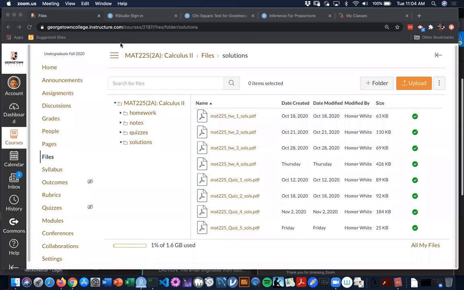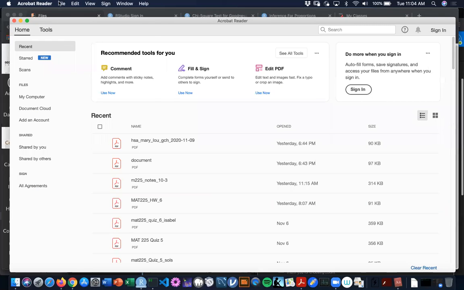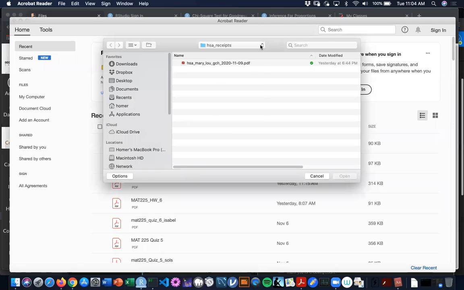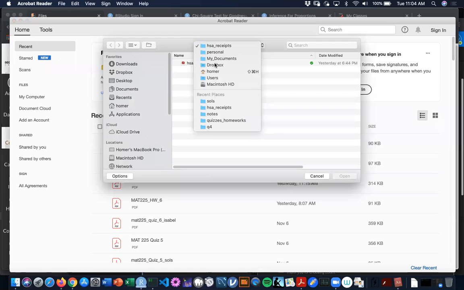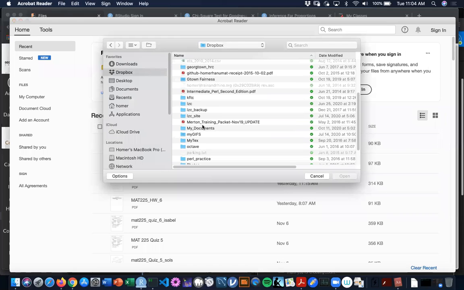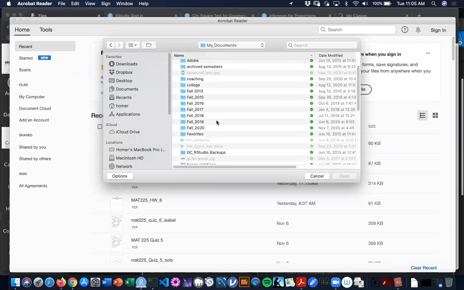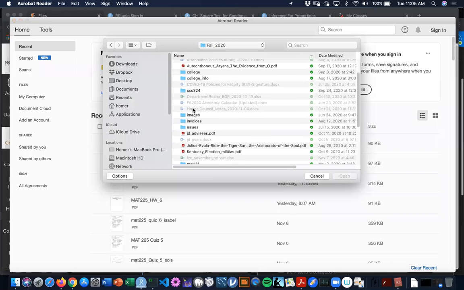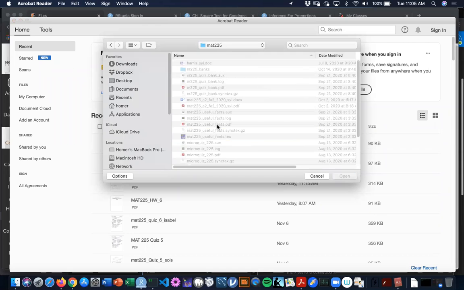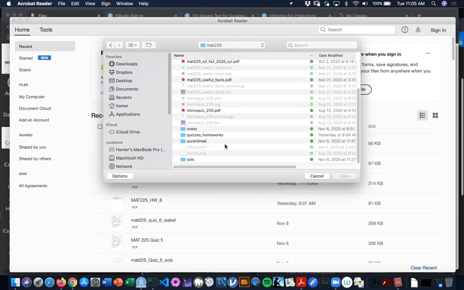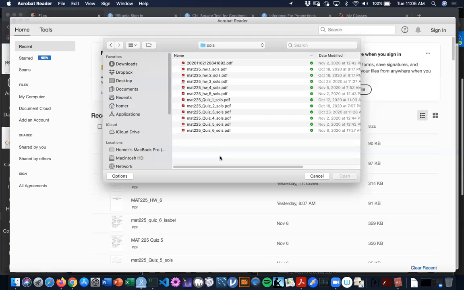So I will share my screen and open up the solutions locally on my computer. That means I need to go to Dropbox and my documents, Fall 2020, Math 225, Solutions, homework number 5.